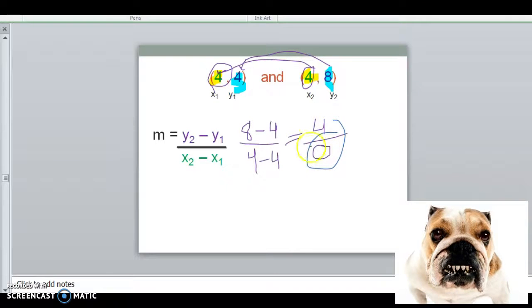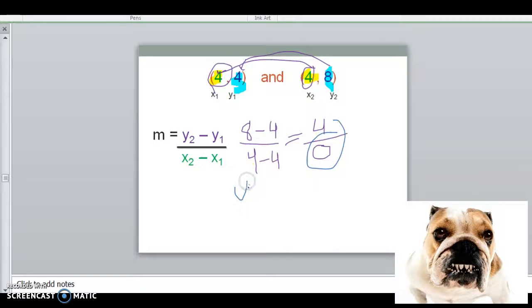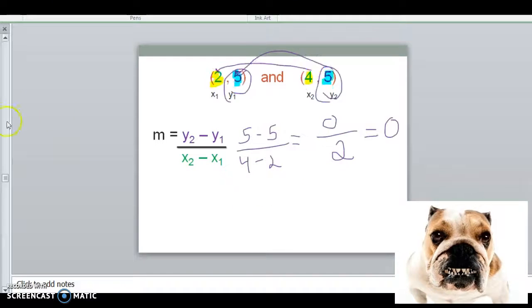When that's the case, this is an undefined slope because you can't divide by 0. So in order to avoid all this work, if your x values are the same, it's undefined. If your y values are the same, your slope is 0.